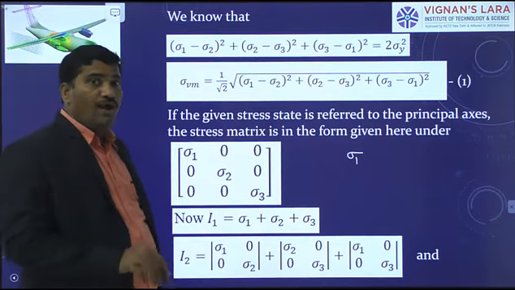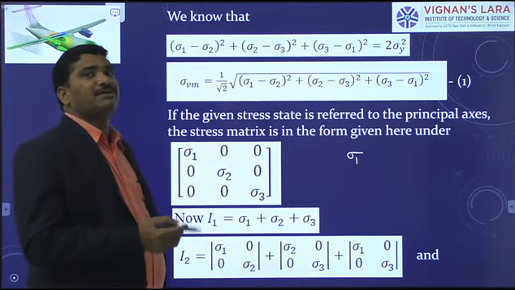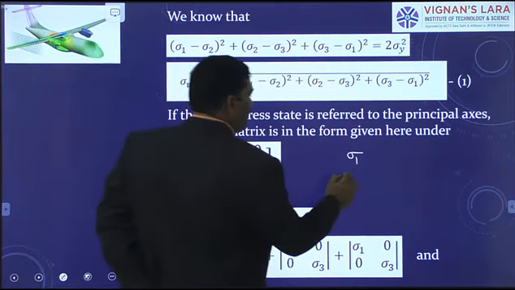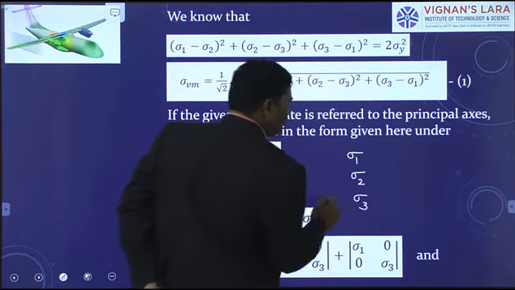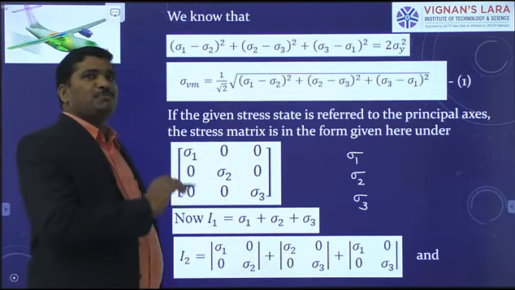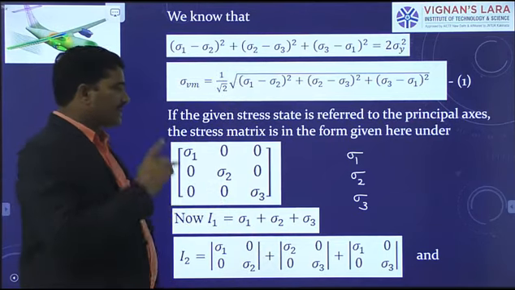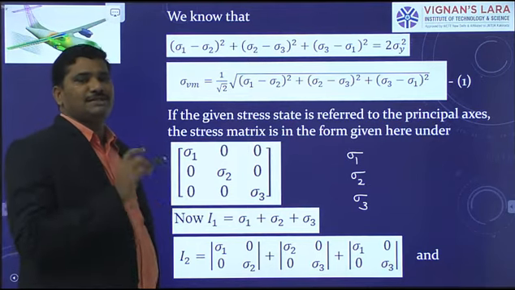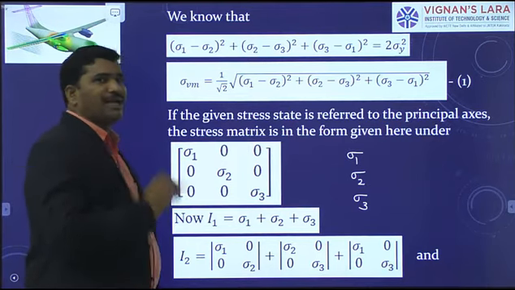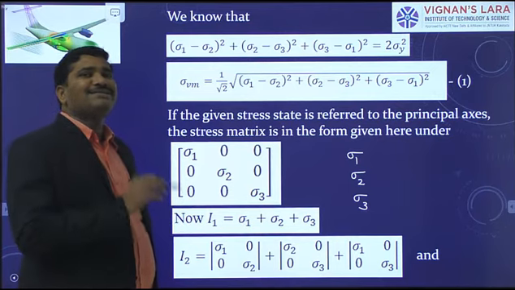Why I say maximum principal stress, that we will see. And sigma 2, sigma 3 are also principal stresses. Sigma 1, sigma 2 and sigma 3 are the principal stresses which we consider for a triaxial stress state.